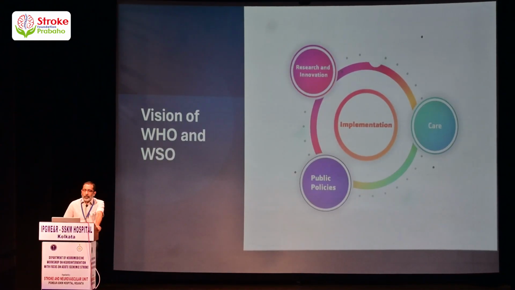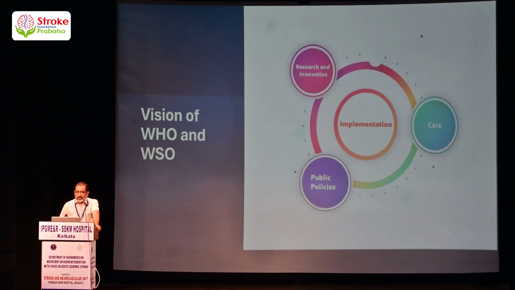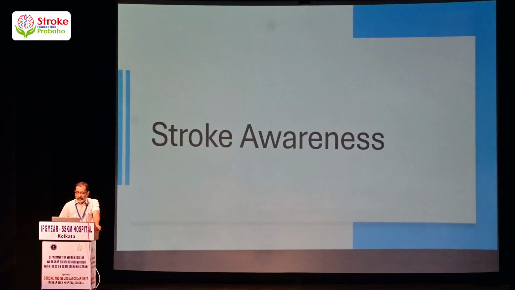And only if you can ensure these three components, that is care of acute stroke patients, if you have a research aptitude, and if you can somehow influence the public health policy, then only you can implement what you intend to do. So first start with the stroke awareness part.